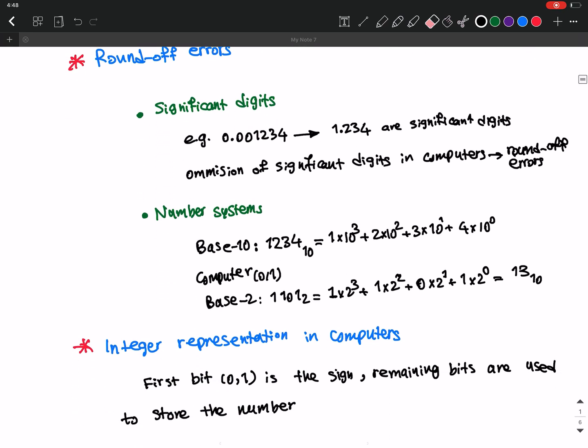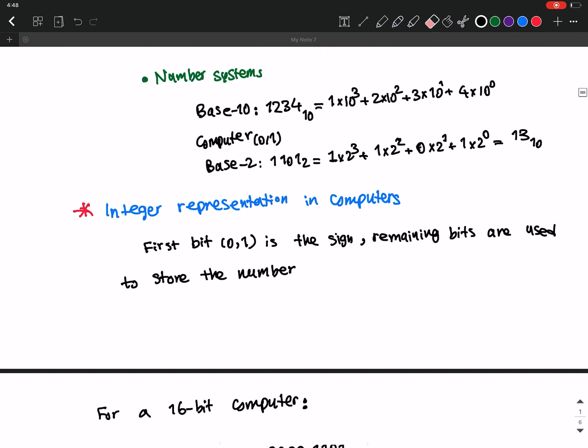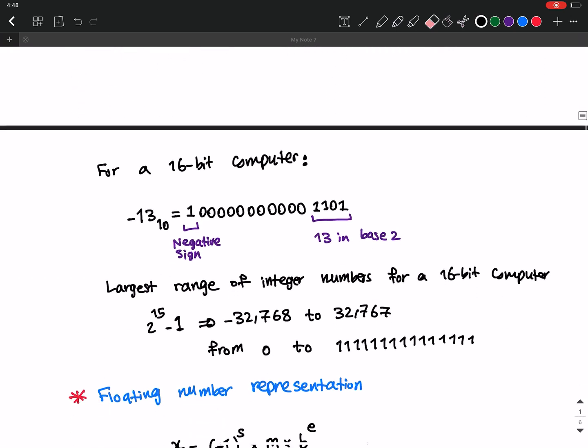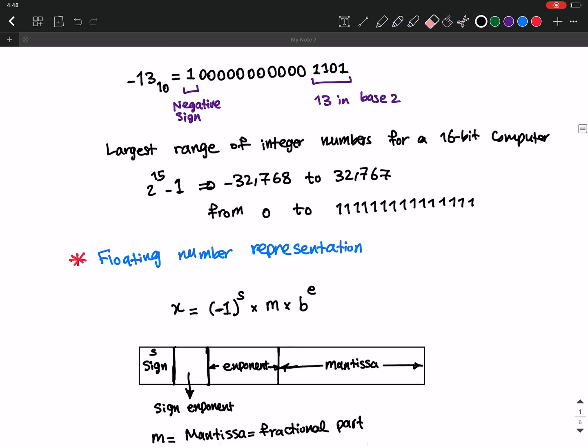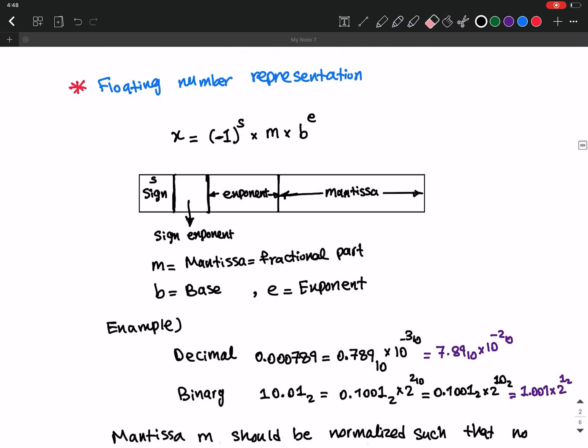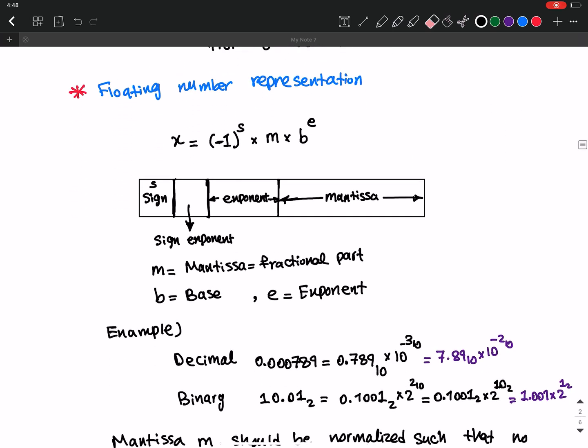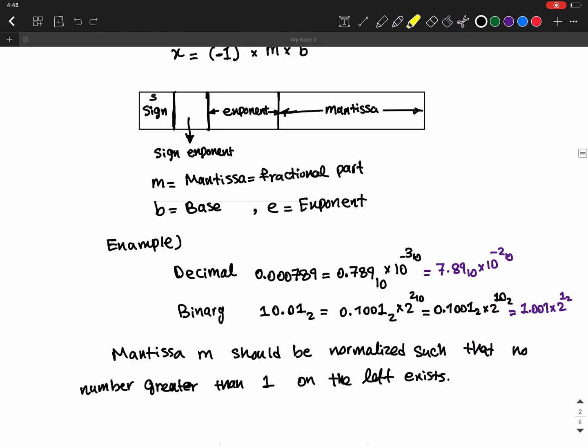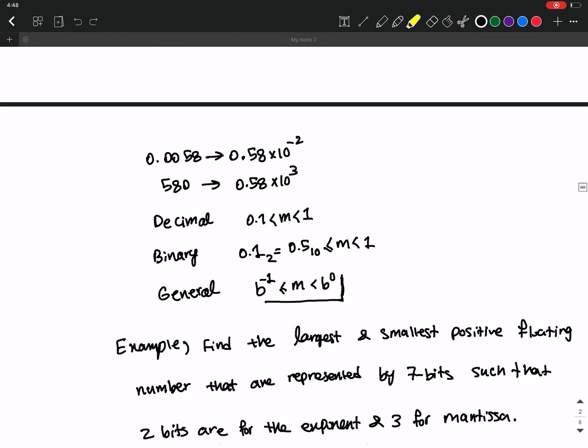We defined significant digits, number systems, integer representation in computers based on bits, and floating number representation, where we first have the sign of the number, then the sign of the exponent, then the exponent, then the mantissa part for the bits, and then we solved some examples.